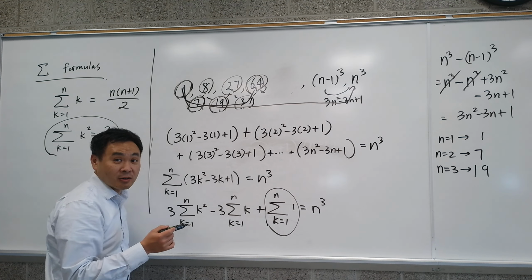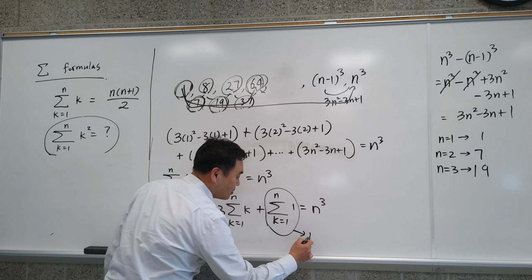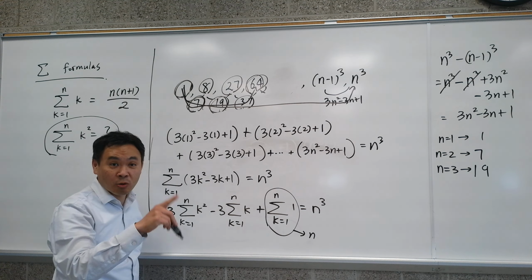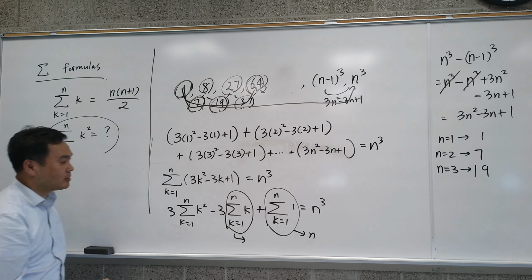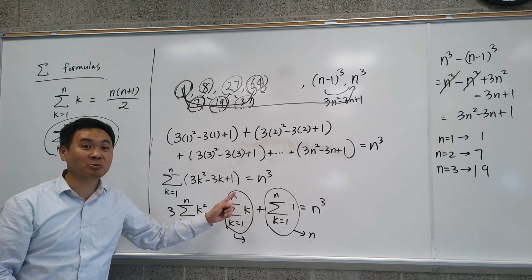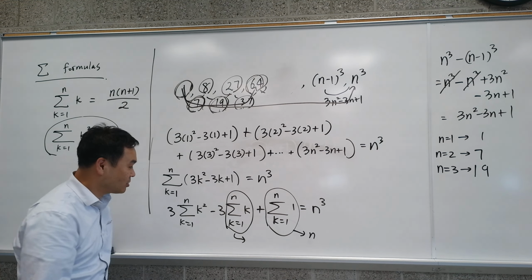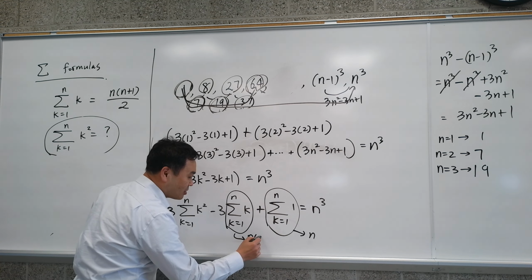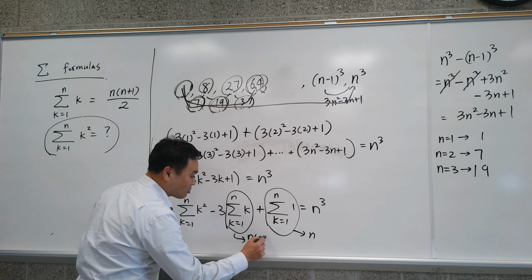N, because you're adding 1 over and over again n times, right? What's this one the same as? It's the summation of 1 plus 2 plus 3 until n, right? So that part will be n times n plus 1 over 2.